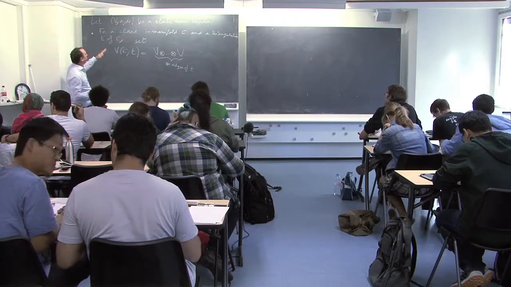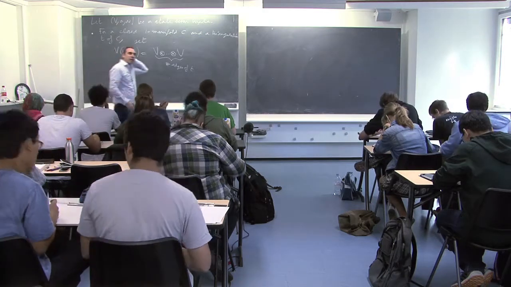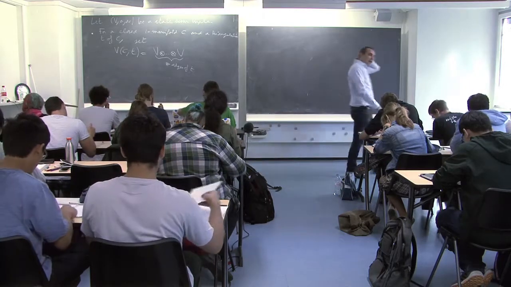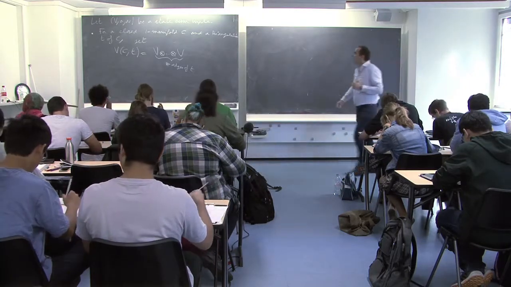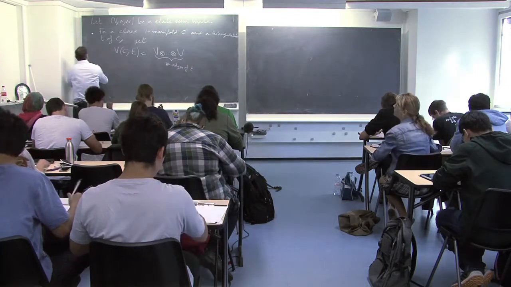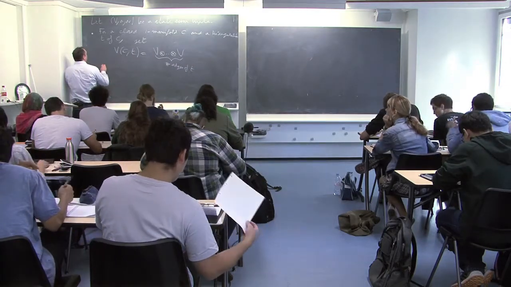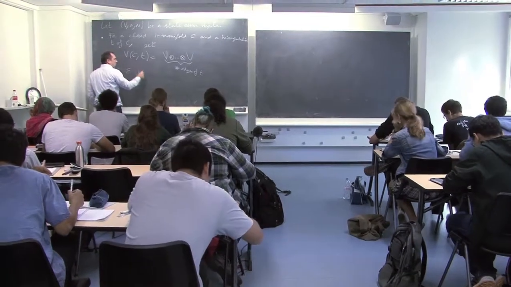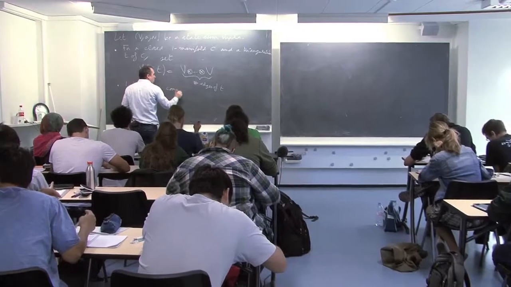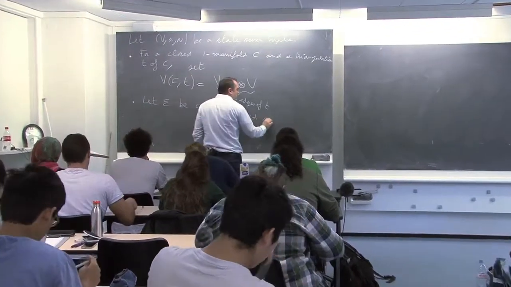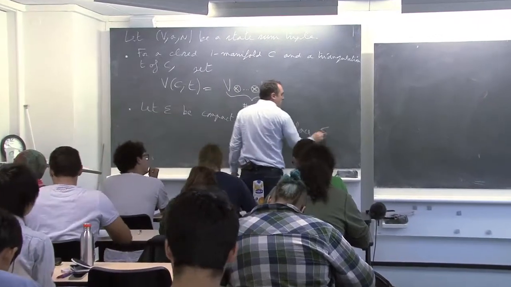So we have associated a vector space to any triangulated closed one-manifold. Now, consider a compact oriented surface Sigma.